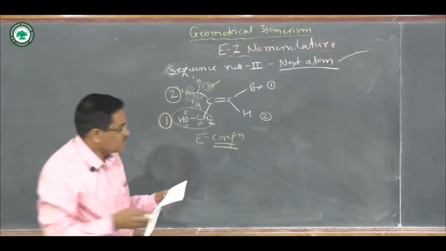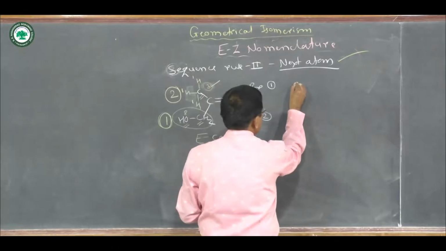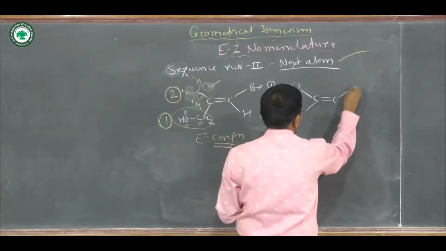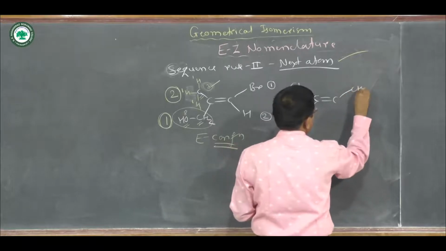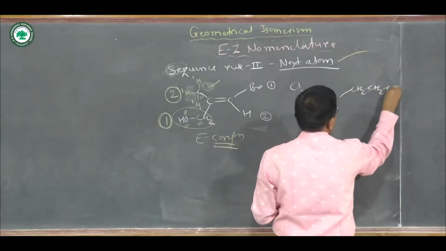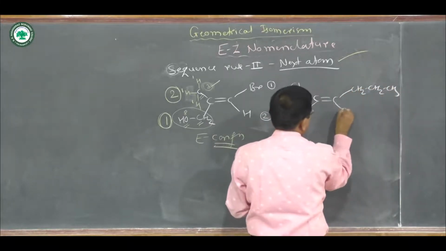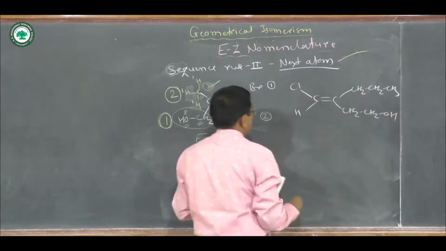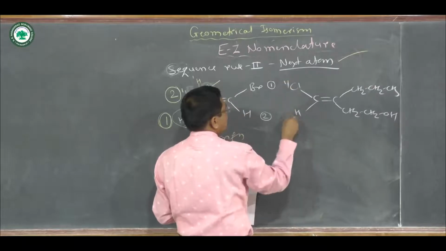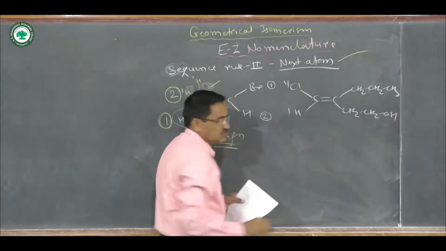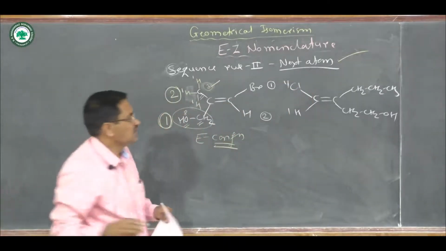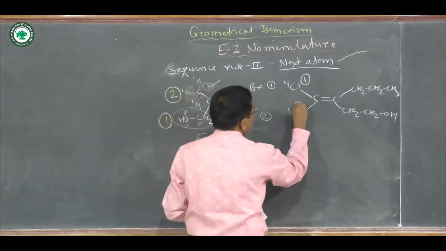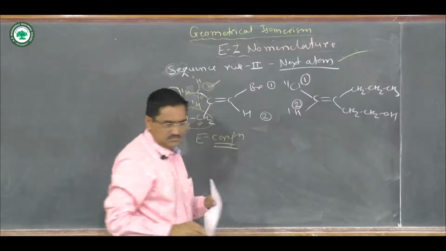Now we will see one more example here. Again there is no problem: this is 17 and 1, so chlorine has the first priority and hydrogen has the second priority.